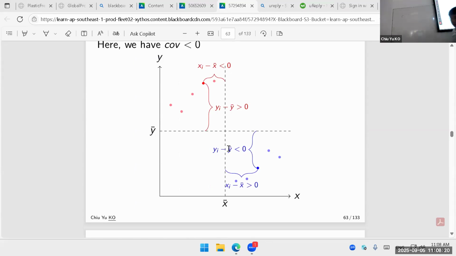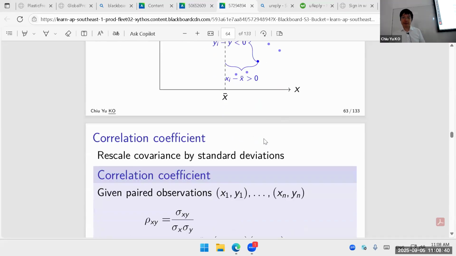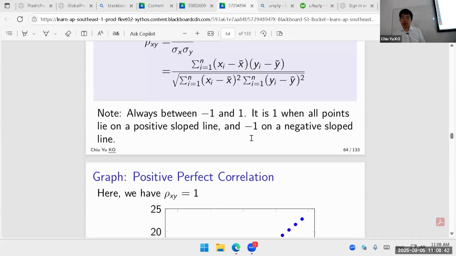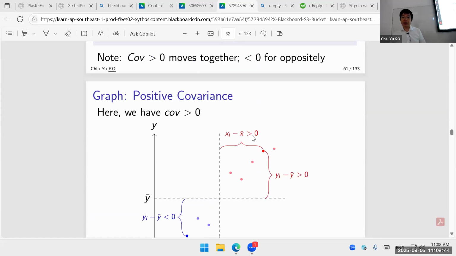So that is the idea. It's just trying to see whether it's more likely to be on the northeast and southwest than southeast and northwest. Whether in this region or this region.